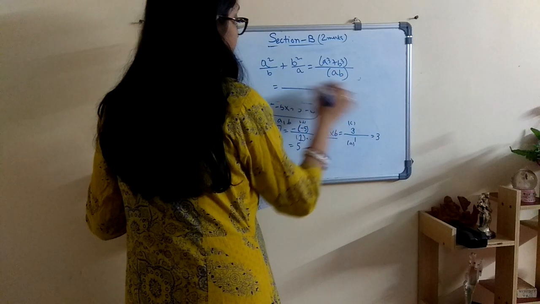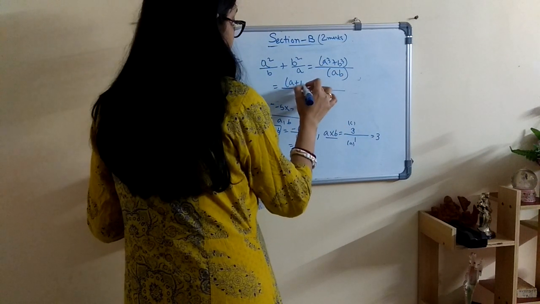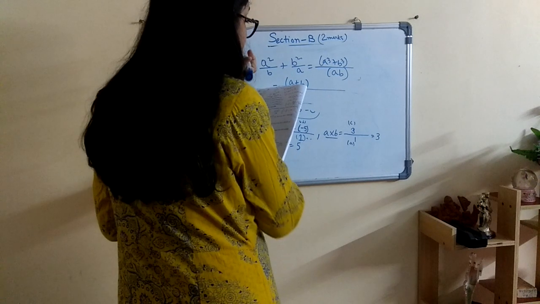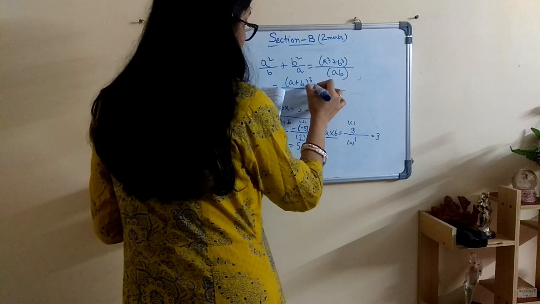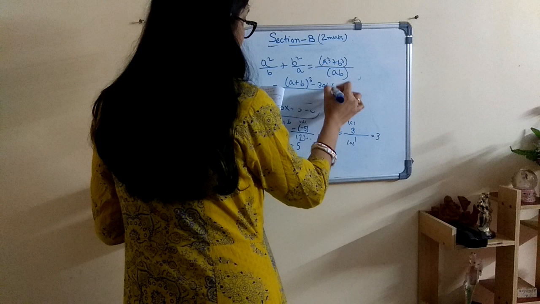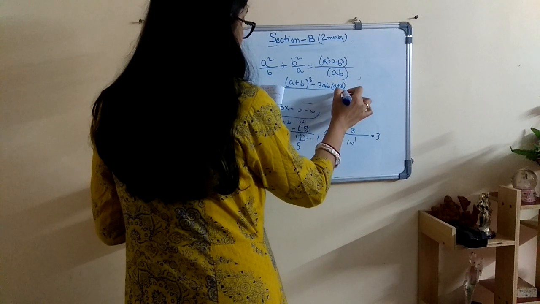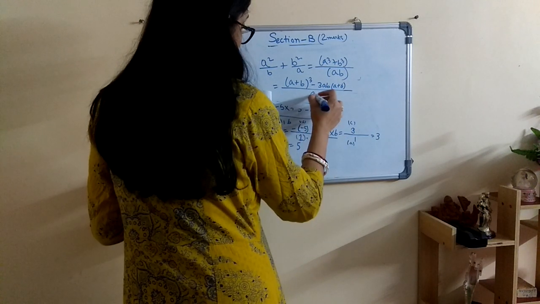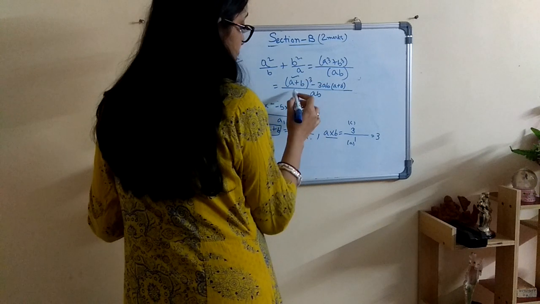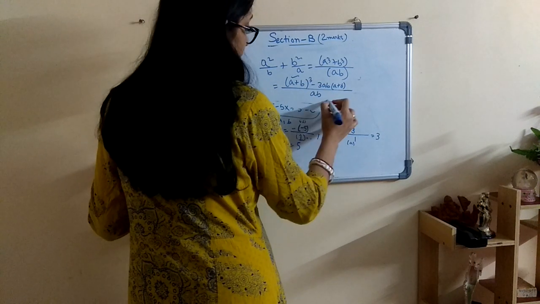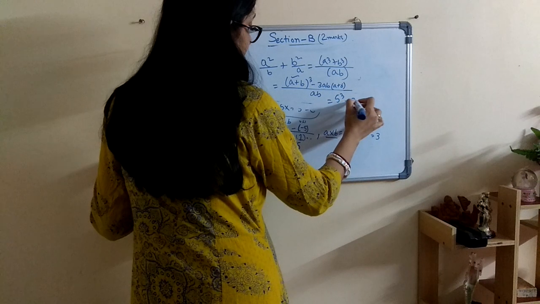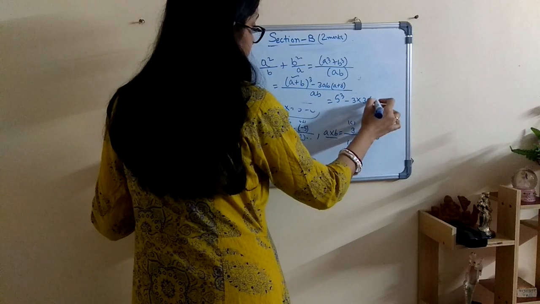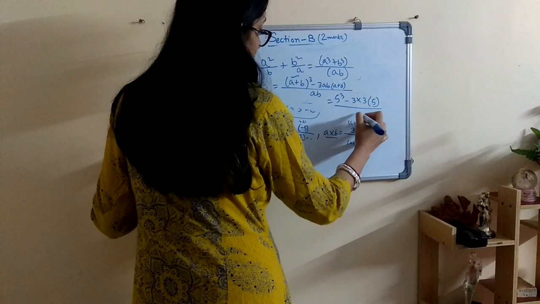Now we will apply the formula of a cube plus b cube, that is a plus b whole cube minus 3ab of a plus b, by ab. Now we have both the values: a plus b, 5 cube minus 3 into 3 into 5 by 3.